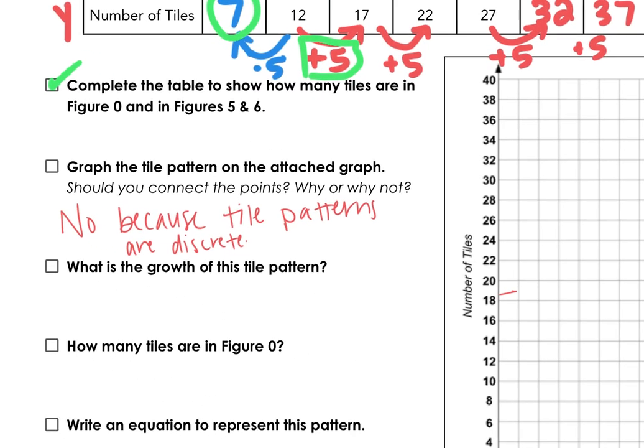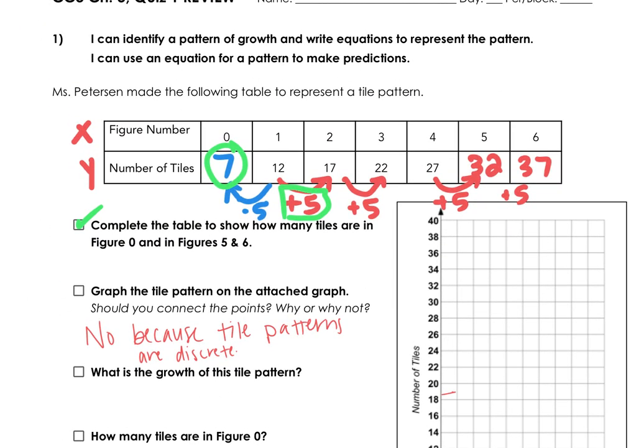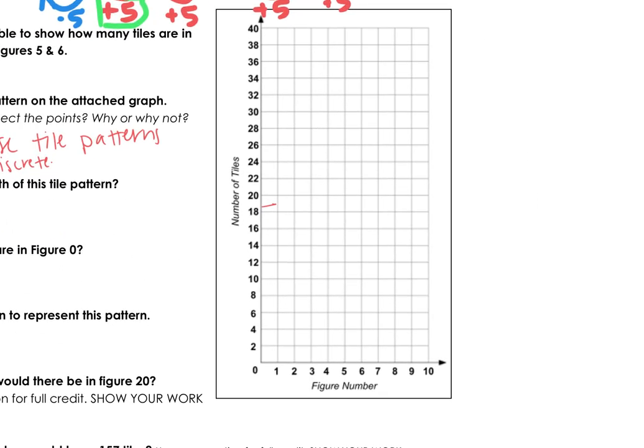Okay, and now we need to graph these points as well. Just as a reminder, this first one is 0, 7. So we're going to go over 0, up 7, so that would be about here. Then we'll go over 1, up 12. We're just going to add 5 each time. Over 2, up 17. Over 3, up 22.